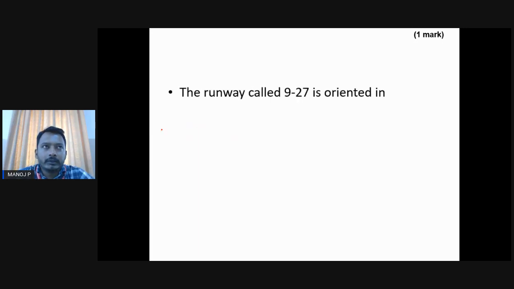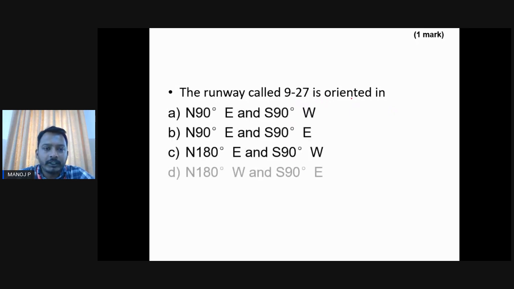Okay, here when the runway is mentioned as 9/27, in which direction is runway 9/27 oriented? What does 9 represent and what does 27 represent? Okay, 9 represents 90 degree and 27 represents 270 degree with respect to north.